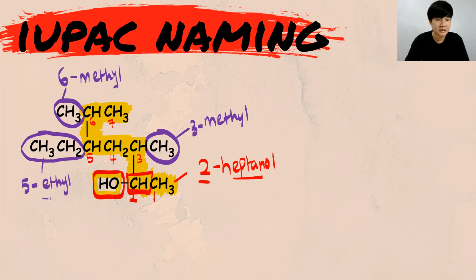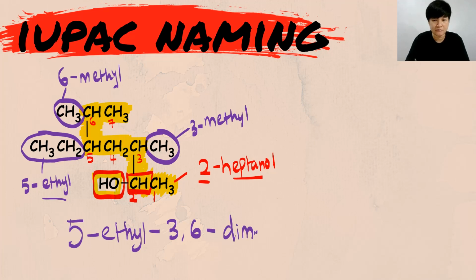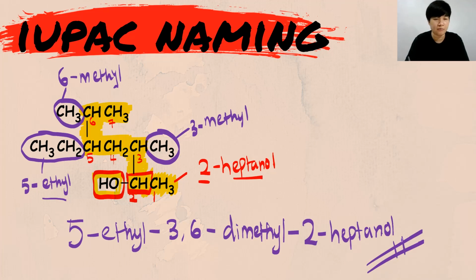So alphabetically, the ethyl comes first. Therefore, the complete name will be your 5-ethyl, 3,6-dimethyl because of the 2 same substituents, and the parent will be 2-heptanol. And that is the complete name of your alcohol above.